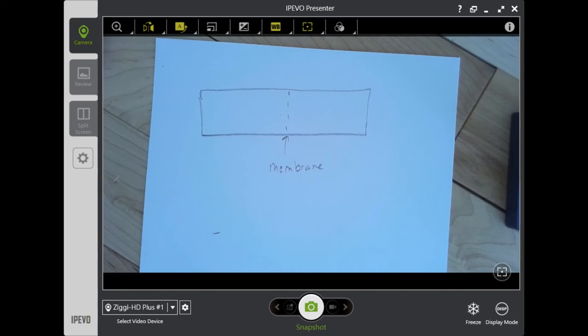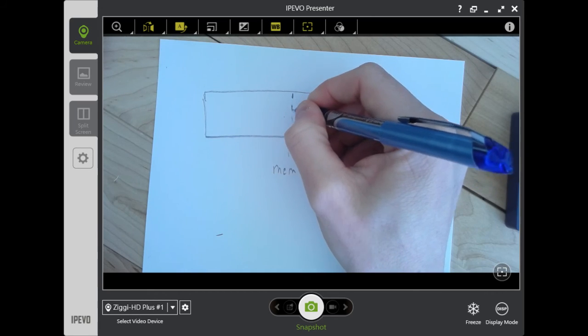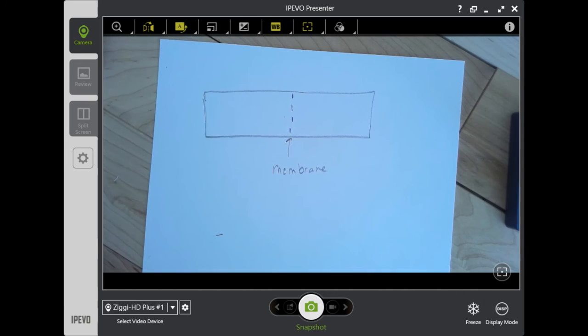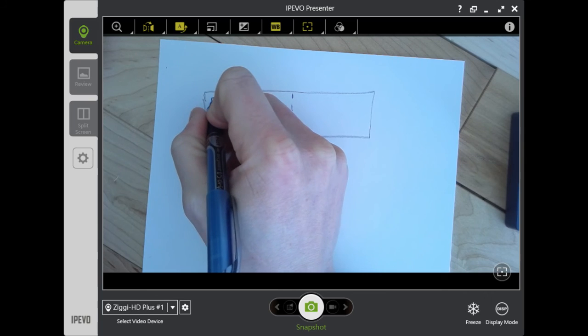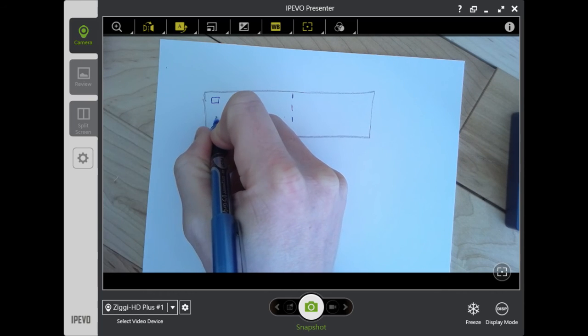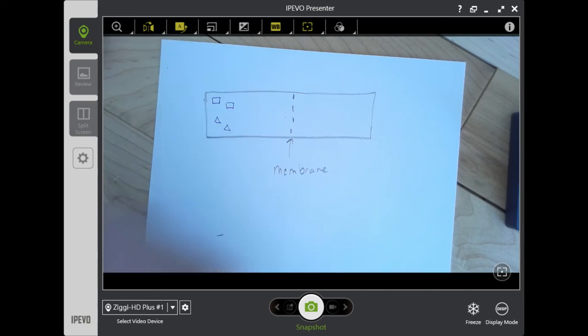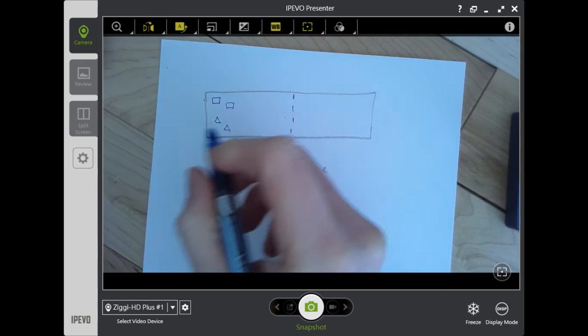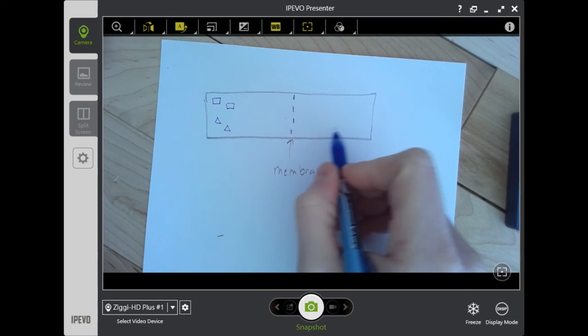Okay, so next we're going to take a look at, we're going to put a membrane now in our dish or our container. So if we can imagine that there's a membrane down the middle here, and it's going to be selectively permeable. So imagine that we have squares and triangles, and right now we have an area of high concentration, an area of low concentration over here, right?